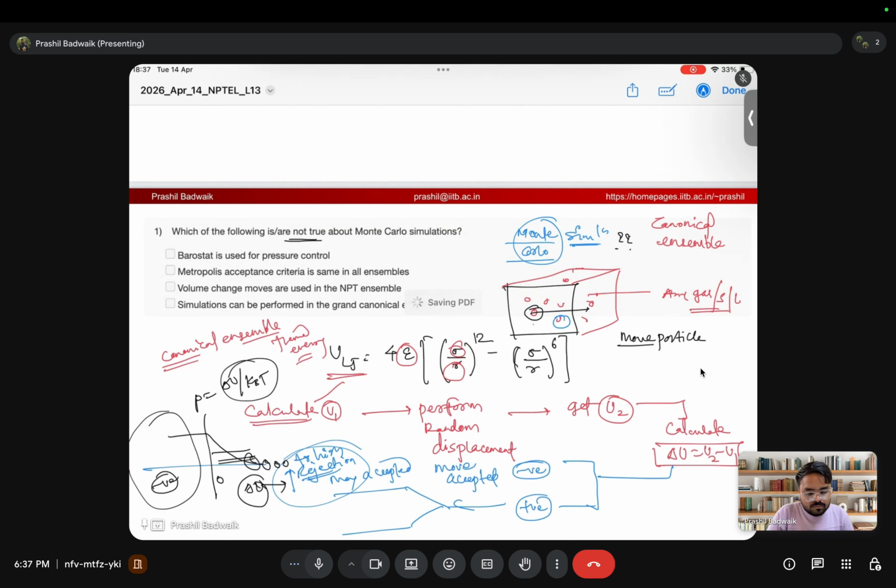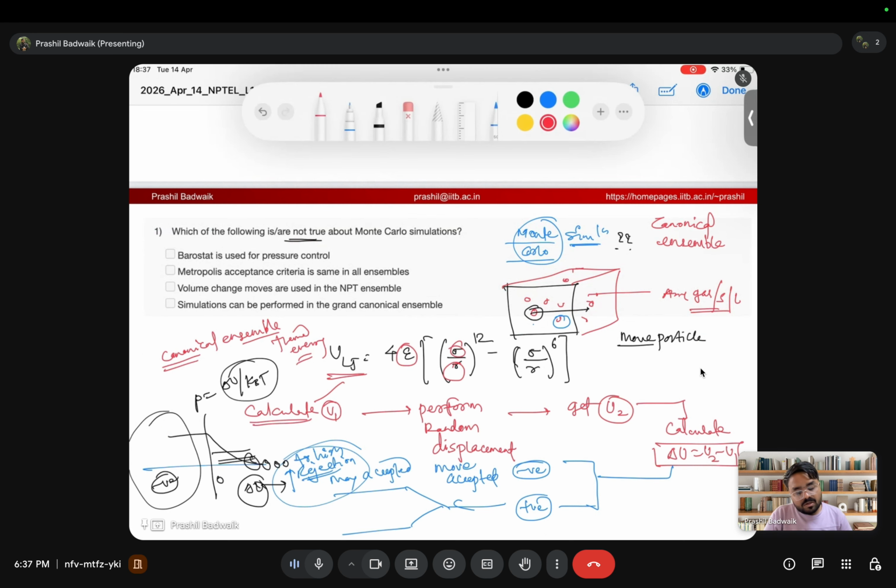In this simulation we just did displacement. Similarly, we can exchange the volume. We can also perform grand canonical Monte Carlo simulation. In grand canonical simulations we have mu, V and T. If the chemical potential is constant, molecules can be added to and removed from the system, so there is a change in the number of molecules.